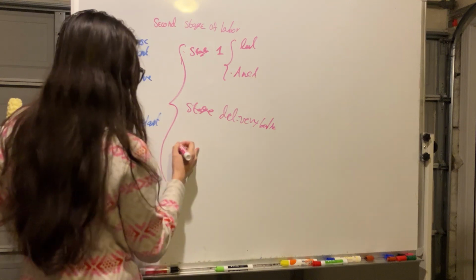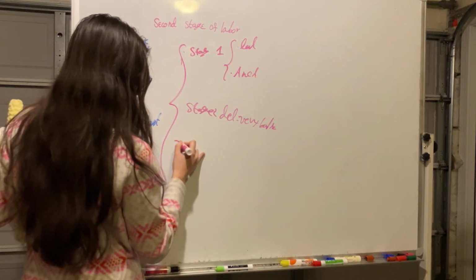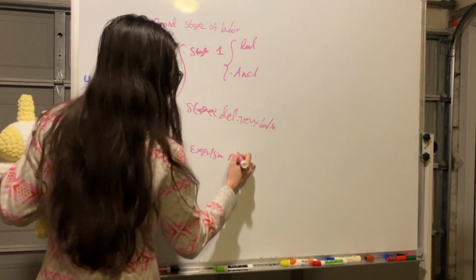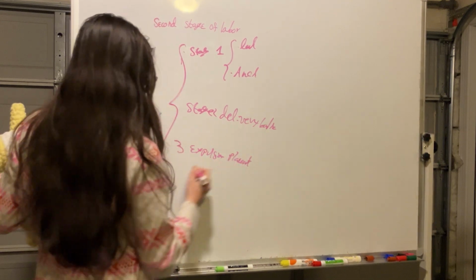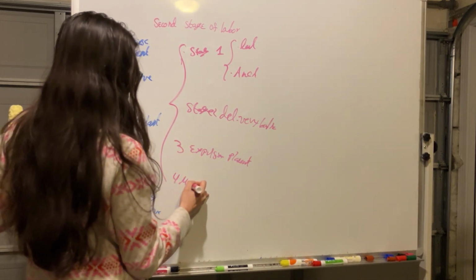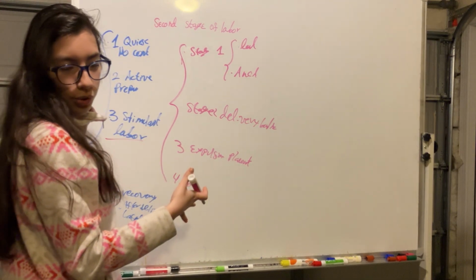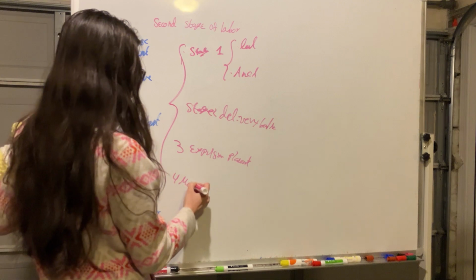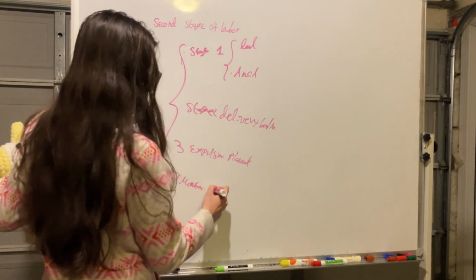We have stage 3, which is the expulsion of the placenta, and we have stage 4, which is not truly a stage, but some bibliographies refer to stage 4 as the monitoring of the mother.